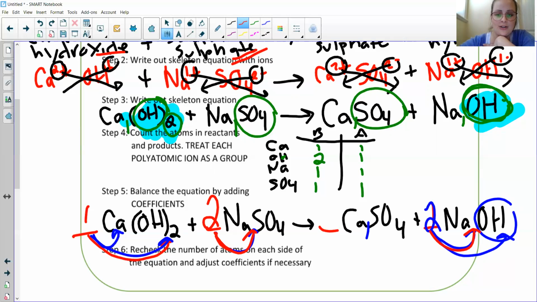I have 2 sulfates. But here I have only 1. So something has to change.